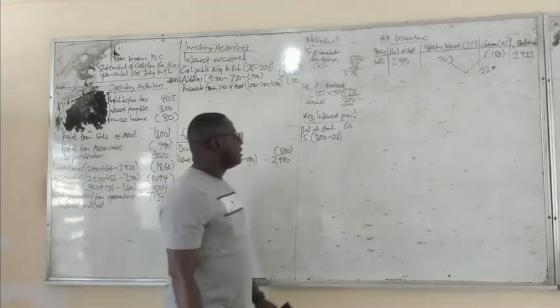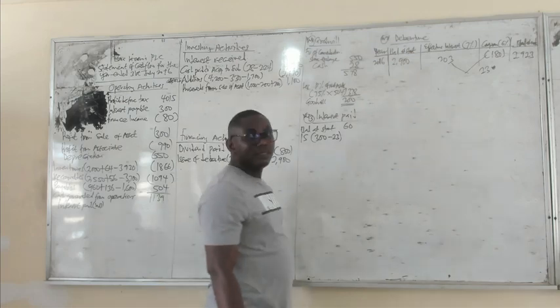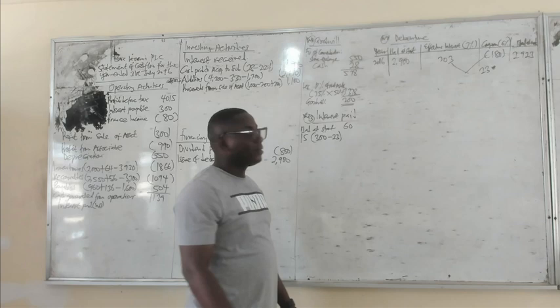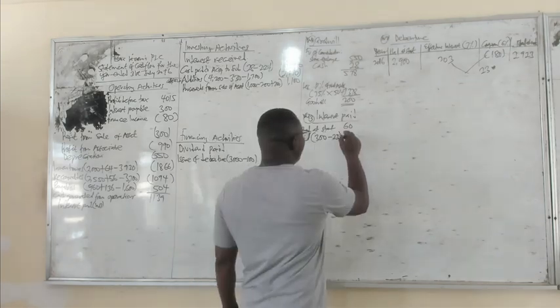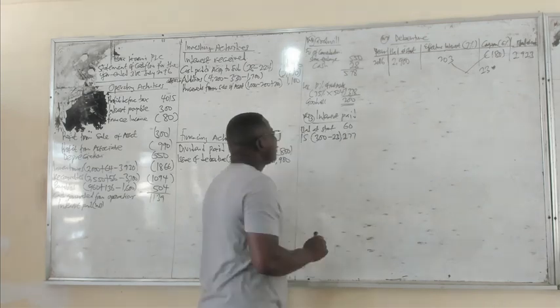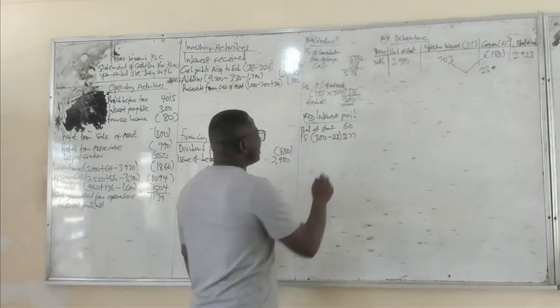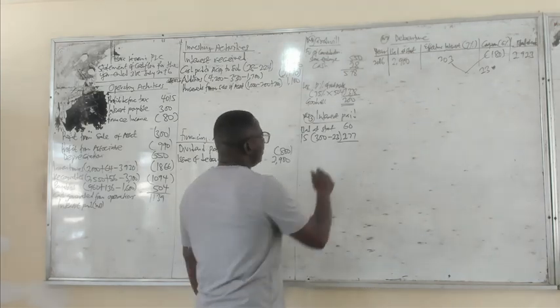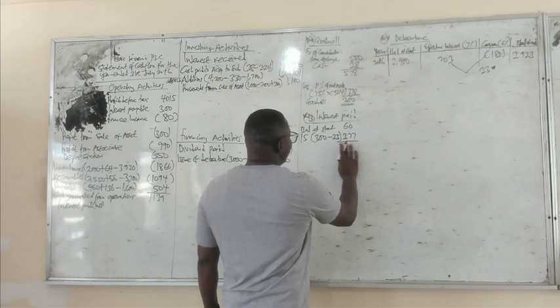So it's going to be 300 minus 23. Okay. Then 60 plus 277 will be 337.